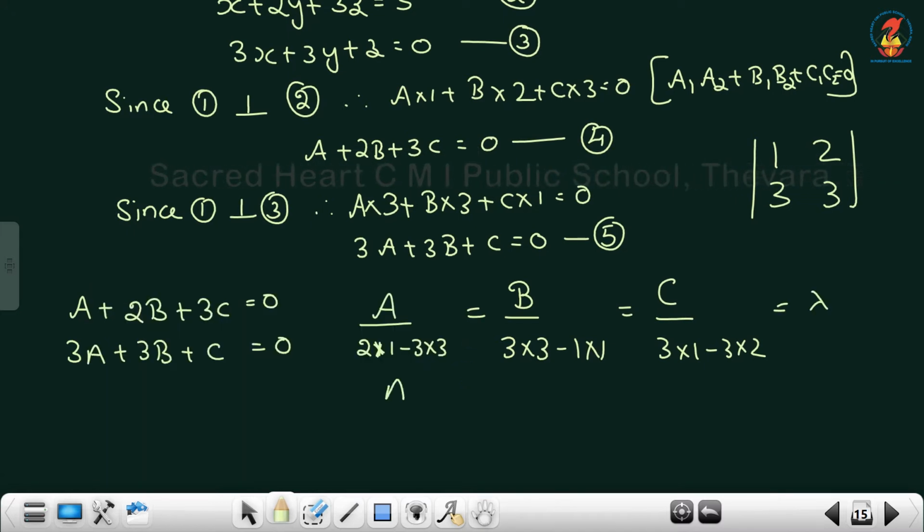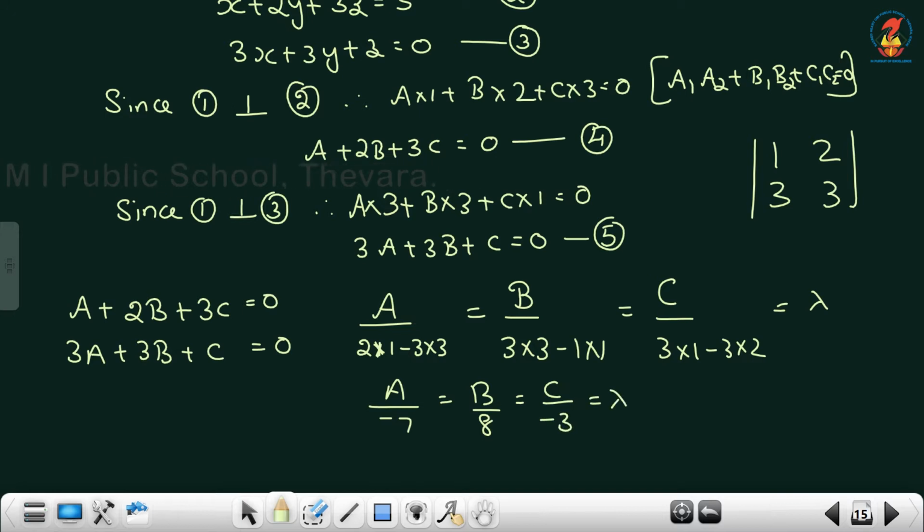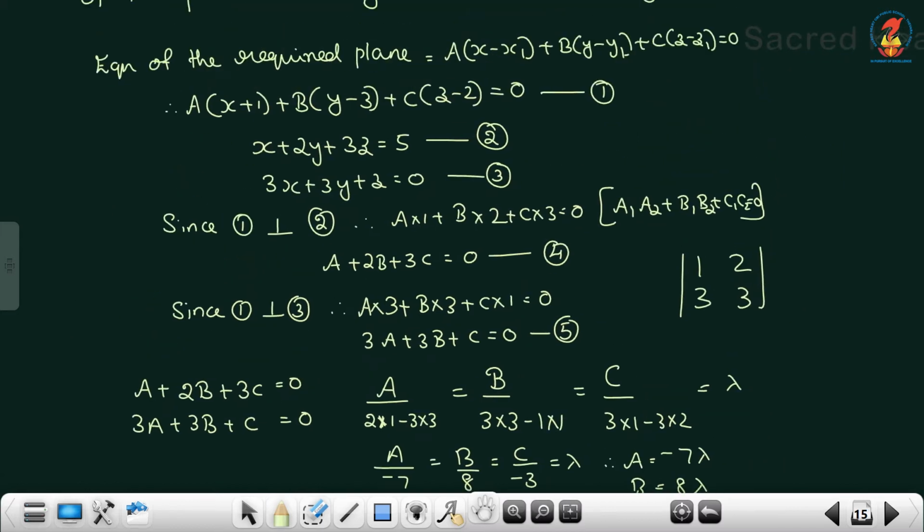So A by minus 7, B by 8, C by minus 3 is equal to lambda. Or A is equal to minus 7 lambda, B is equal to 8 lambda, C is equal to minus 3 lambda. Now substitute in equation 1, which is the required equation.